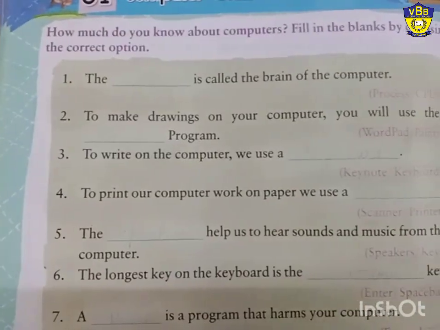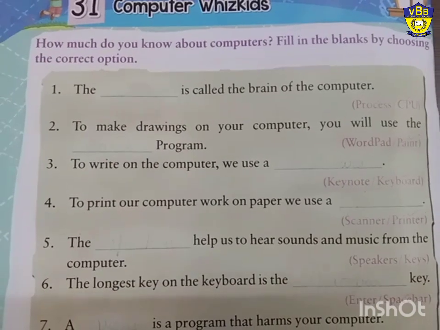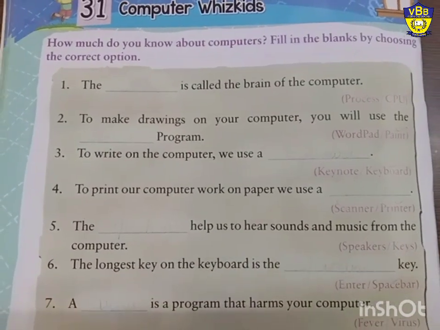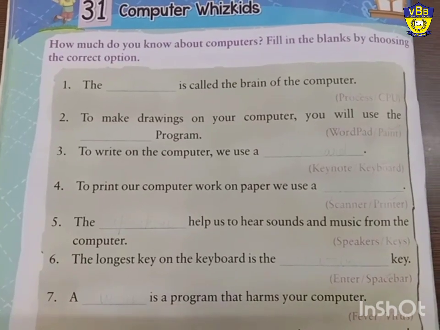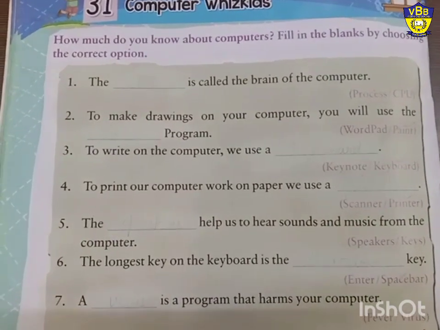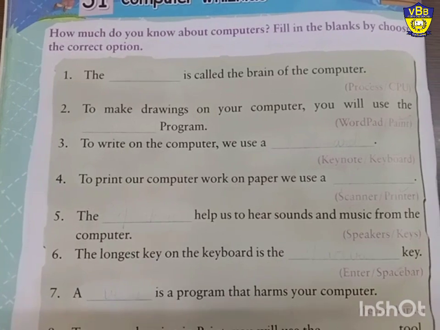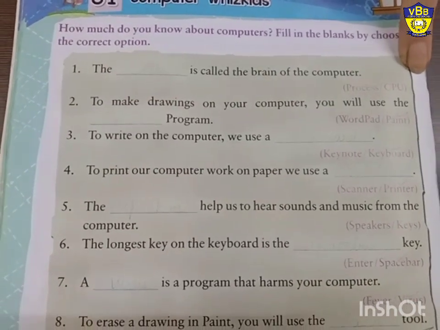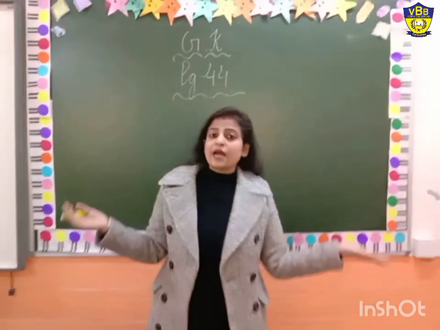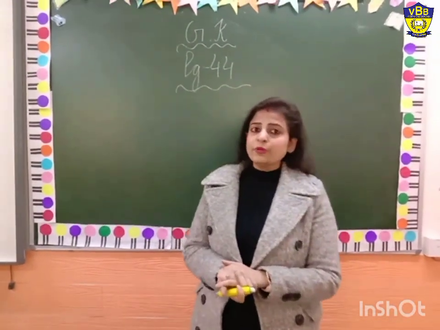The dash is called the brain of the computer. Now there are options also given to you. First option is process and the second option is CPU. Now you have to tell me what is called the brain of the computer.